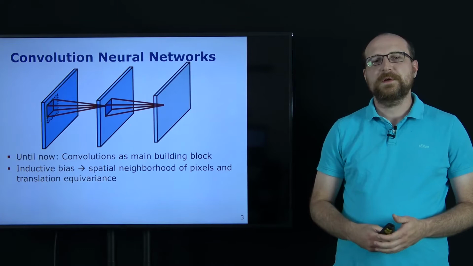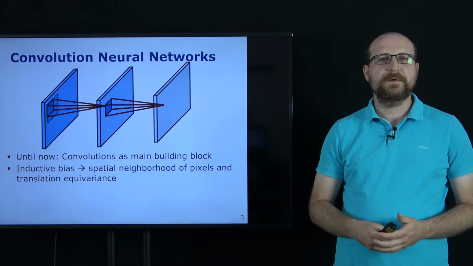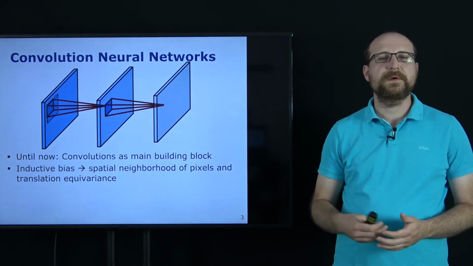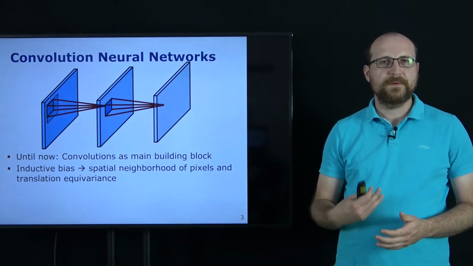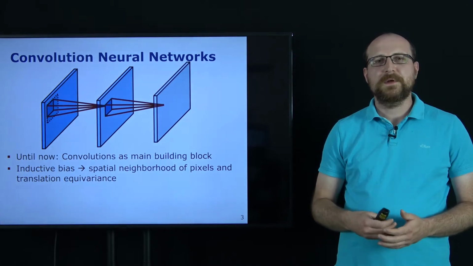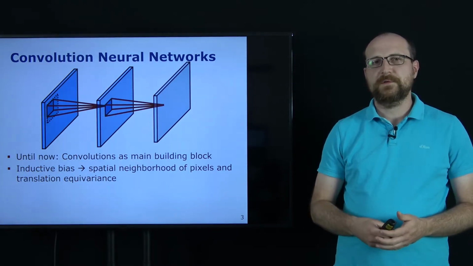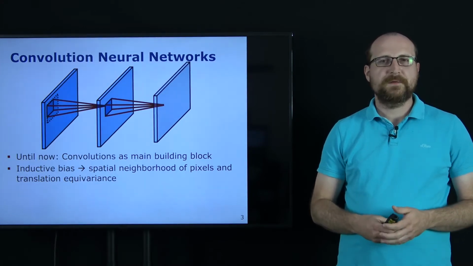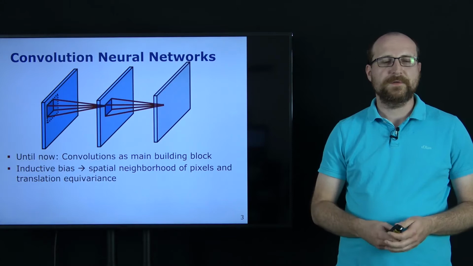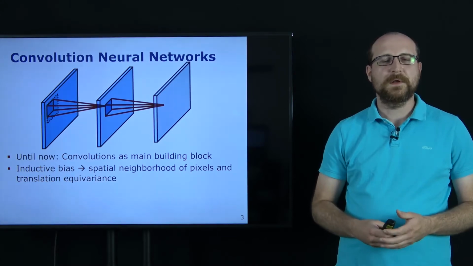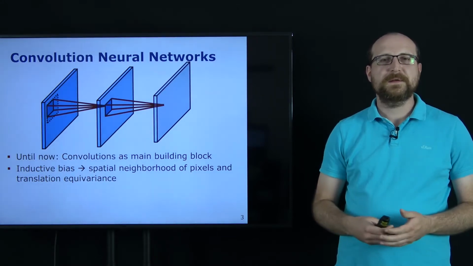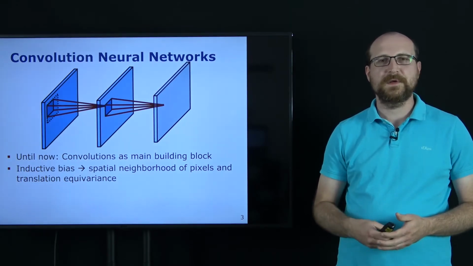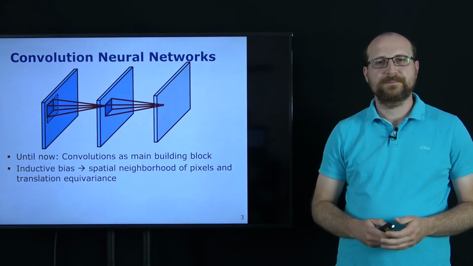And we could exploit the translational equivariance, which is basically that the convolutions, no matter where we apply them, will result in a feature that we can then use maybe to locate objects no matter where they are in the image. Both these inductive biases help us to solve vision tasks, and it's a very powerful idea that we can exploit in a lot of vision tasks like segmentation or object detection.